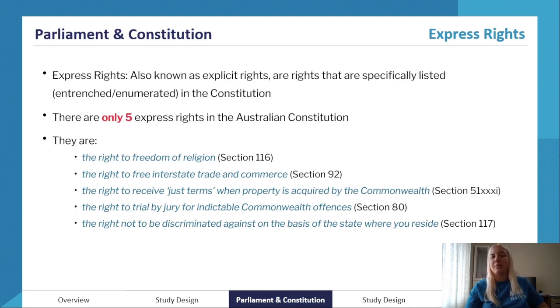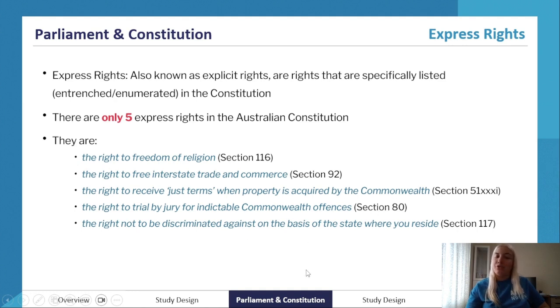So, that might just be in the form of giving you a different property or financial compensation or giving you enough time to leave and clear out. But unfortunately, it's broad, so rather than protecting people, it protects the Commonwealth more and gives them the right to take your property.